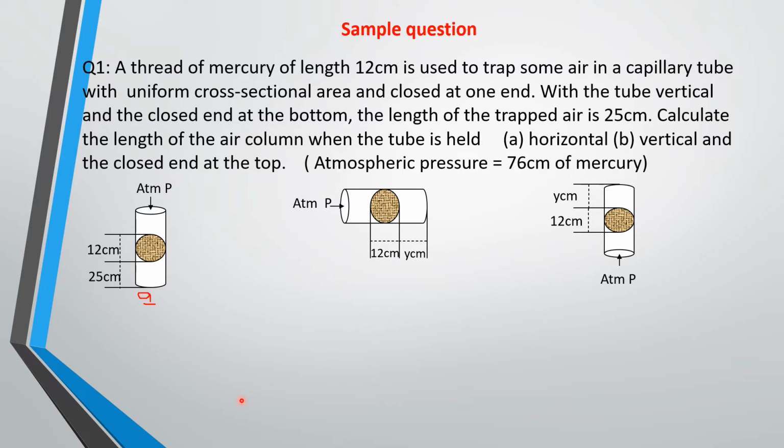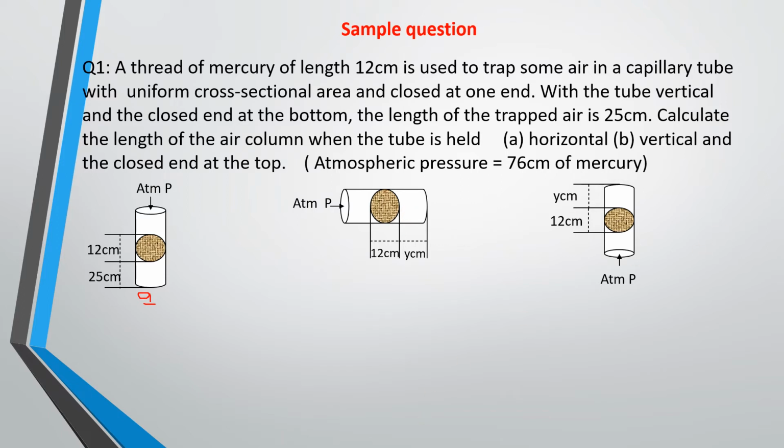Okay, so if you look at this question and go back to what we just discussed, you find out that it is just for you to bring out the information there. But here I've already drawn the information, so I think this makes it easy for you to understand. The length of the mercury column does not change. So what we are looking for now is the volume, the length of the air that is trapped when the tube is changing positions.